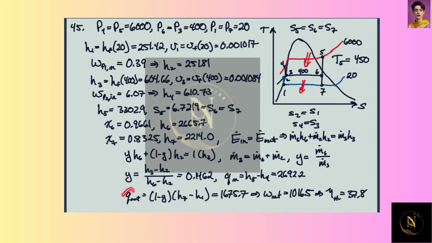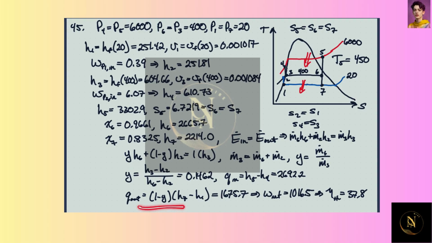This is still a specific heat transfer, but we have this Y because we don't have the full mass flow here, and so we can think about this as heat transfer per kilogram of fluid flowing through the turbine. That's why we have this factor here.